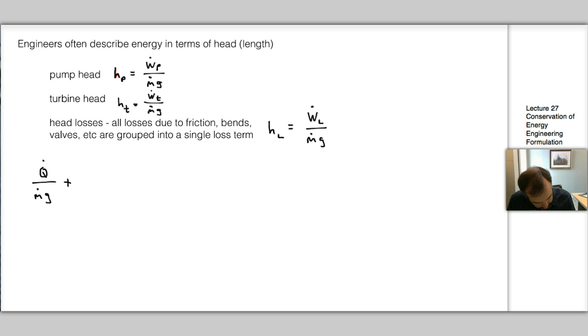So we're going to end up with Q dot over M dot G plus H sub P plus, now I'm going to go ahead and rearrange the two surfaces, control surface 1 and control surface 2, plus P1 over gamma.